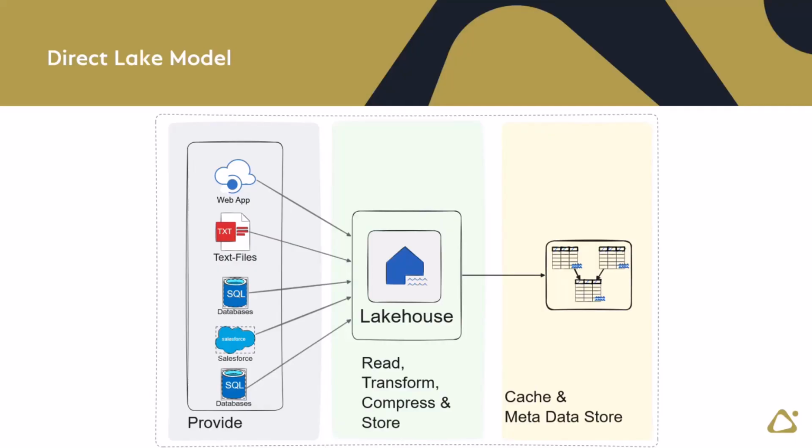The Fabric layer handles the work. It reads the data, it transforms the data, it compresses the data, and it stores the data. The semantic model works on top of that. It caches the results and maintains its own data store, which is refreshed in a process called reframing.